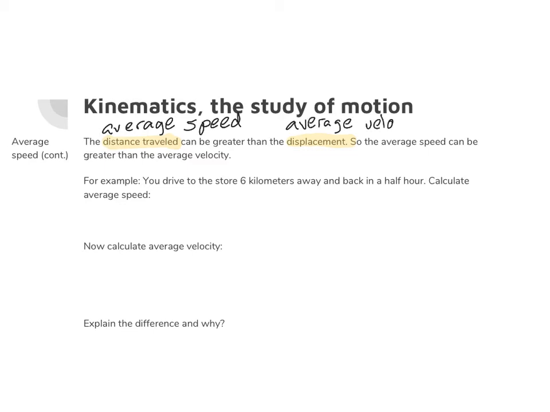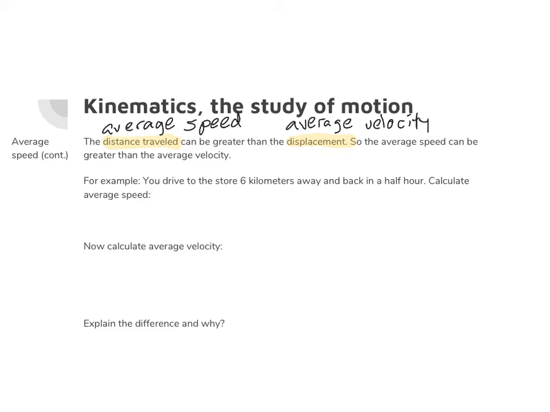As we saw in our airplane diagram earlier, average velocity or the displacement doesn't really tell us the total distance traveled by that passenger. So the average speed can be greater than the average velocity.